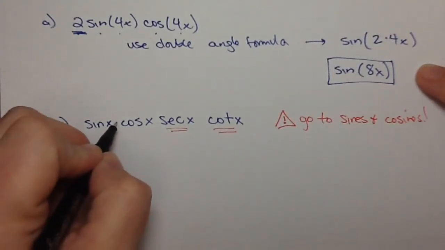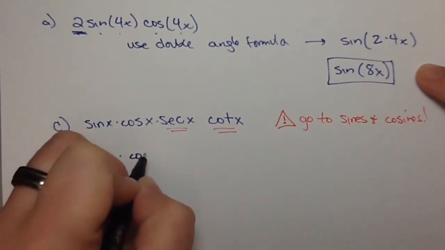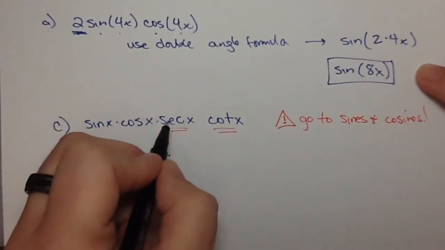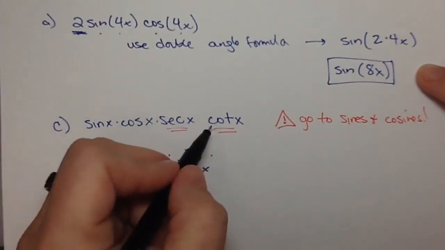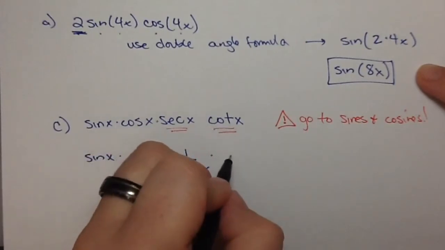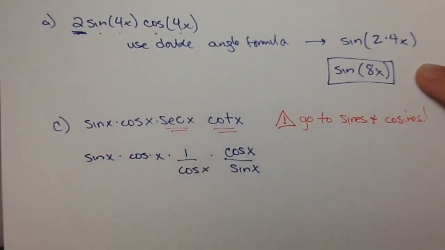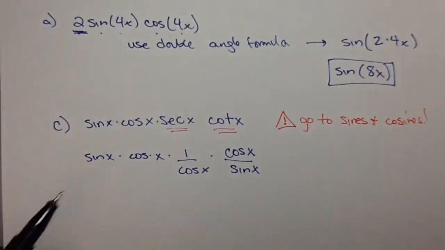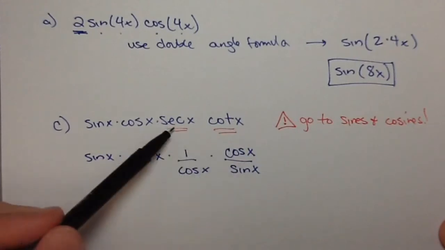So these first 2 terms, we're just going to leave them like they are. We've got sine x times cosine x. But we know secant is 1 over cosine x, and cotangent is cosine over sine. Okay? So again, we left the first 2 terms alone, and we're just going to look at what's going on with these 2.